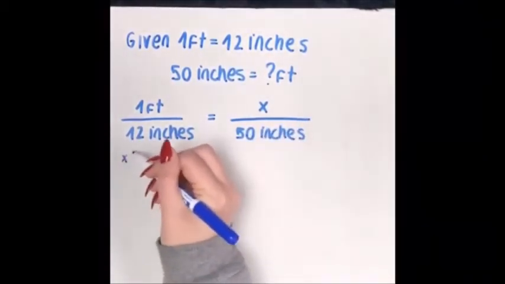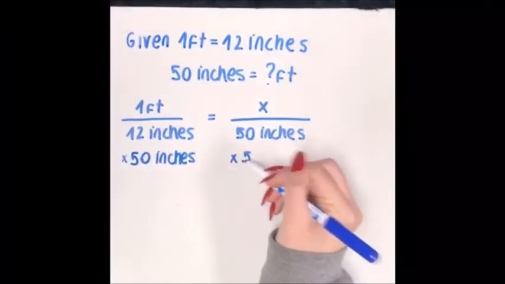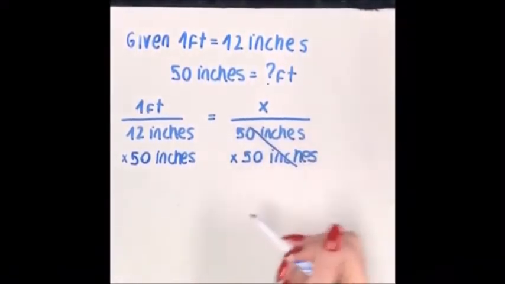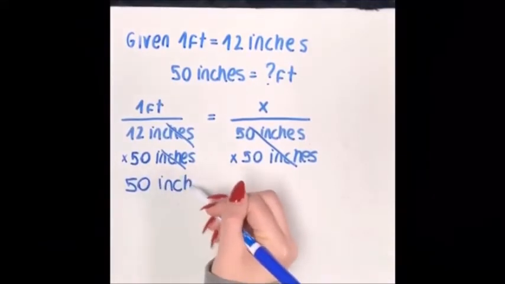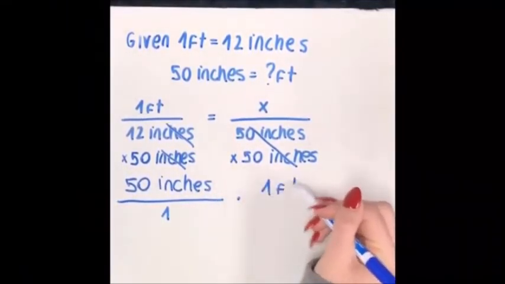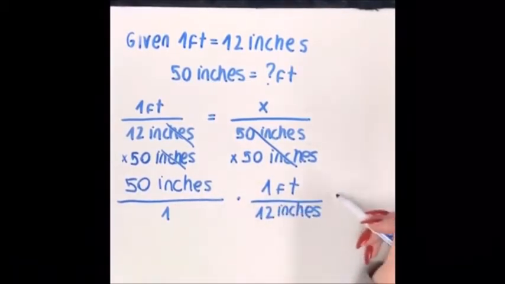Now, you multiply 50 inches to both sides to get x by itself, and end up with 50 inches over 1 times 1 foot over 12 inches equals x.